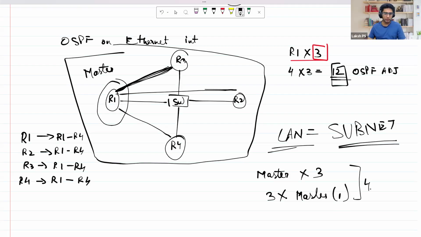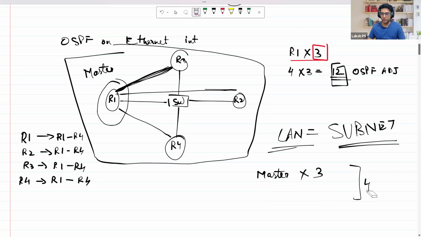Are you with me till here? No, how is it four? There is one from R1 to R3, one from R1 master to switch. R1 to switch, then R1 to R4, then R4 to switch, R3 to switch, R2 to switch.